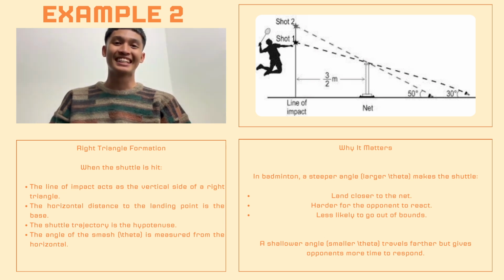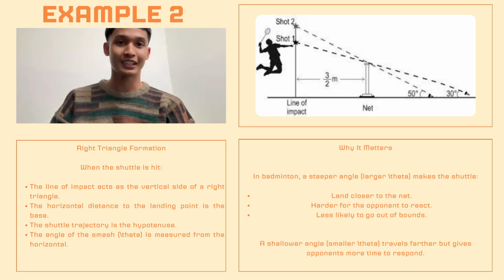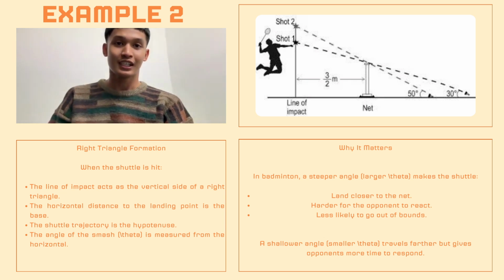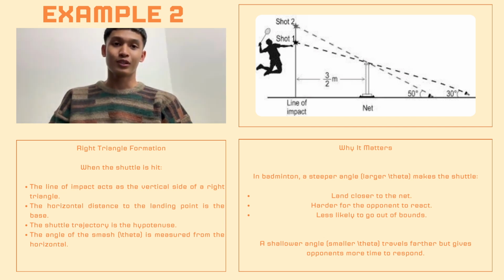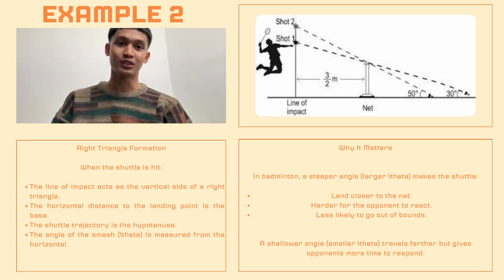The second one, it is harder for the opponent to react, and the last one is it is less likely to go out of bounds. A shallower angle, which is a smaller theta, travels farther but gives the opponent more time to respond.